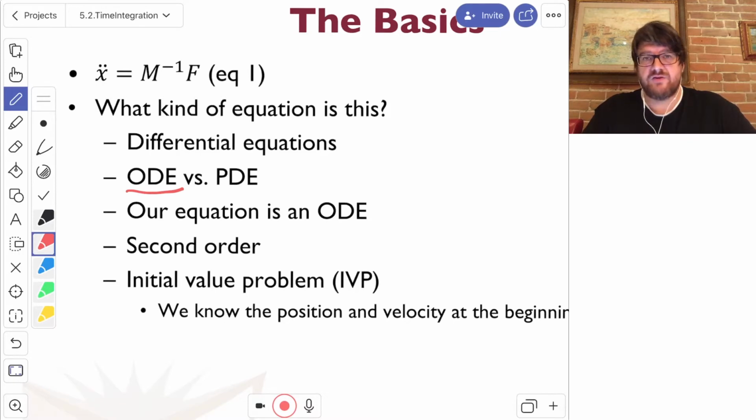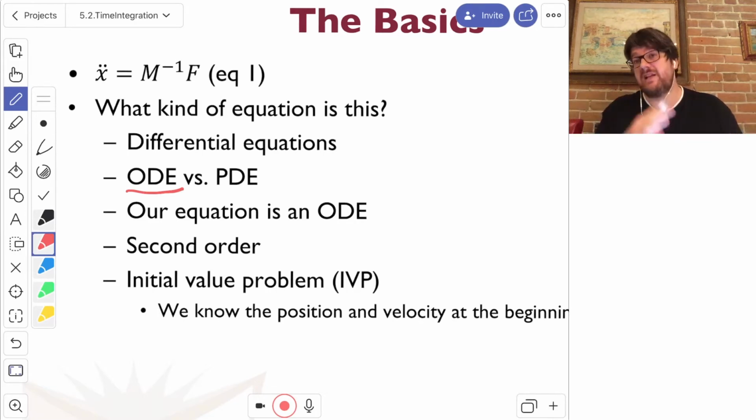In the case of ODEs, we typically have initial values. In our case, it's easy: we know the position at the first time step and the velocity at the first time step. These are the initial conditions for us. For PDEs, for example, we have boundary conditions. We need some additional constraints to hold the solution in place.